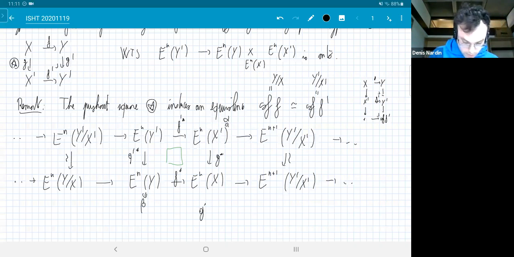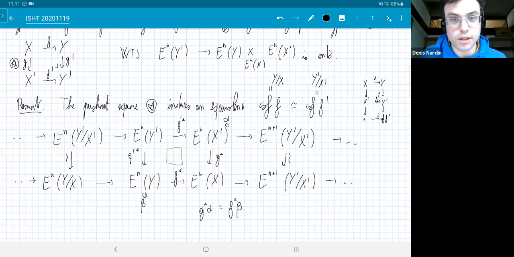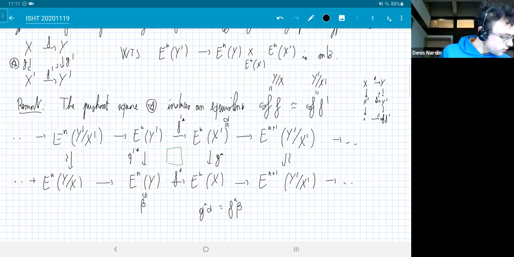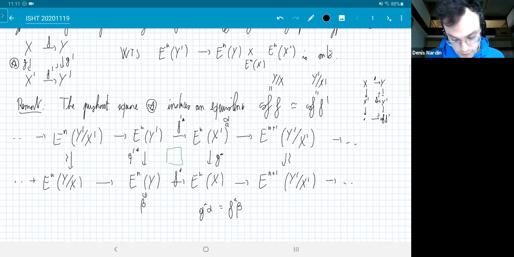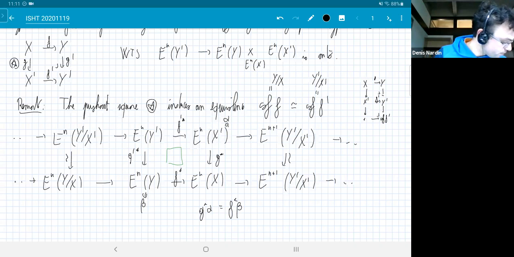And we have that G upper star of alpha is F upper star of beta. That's the condition of, I give you a point of this pullback. And I want to find gamma such that F prime upper star of gamma is alpha and G prime upper star of gamma is beta. So how do we do that?